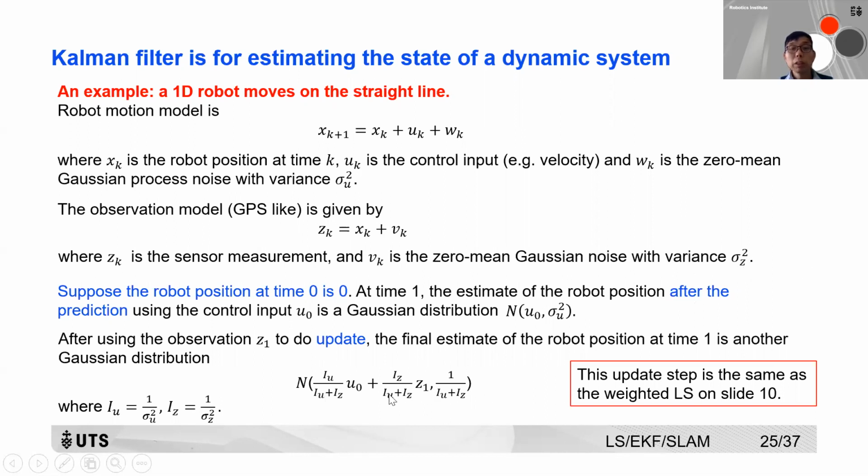Then the weighted least square gives you exactly the same result. So from this example, you can clearly see the connection between Kalman filter and least square. Roughly speaking, we can say the update step of the Kalman filter is the same as weighted least square. So this is a very simple example of Kalman filter.